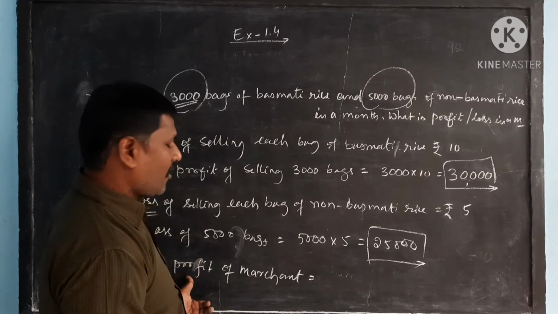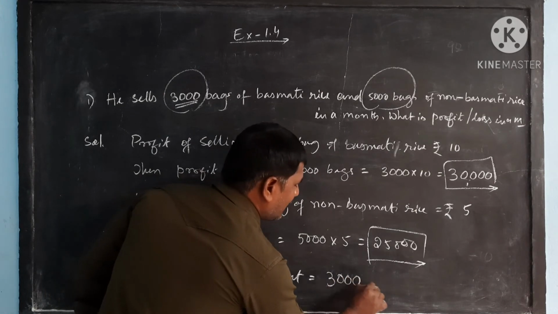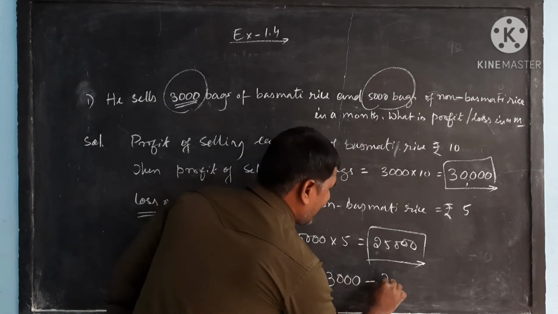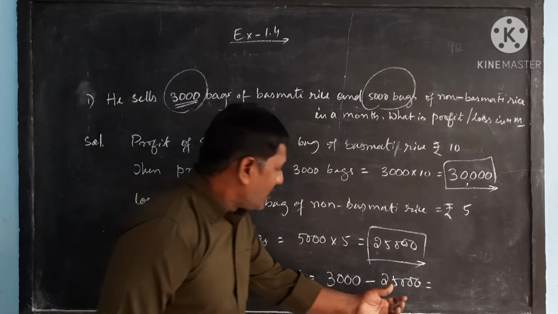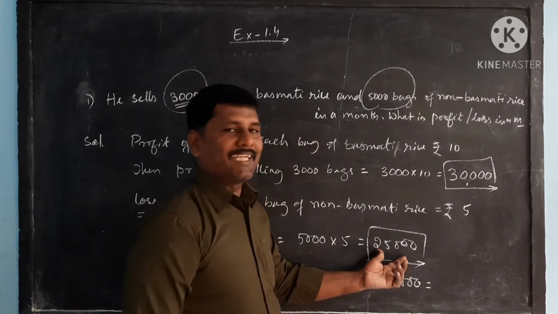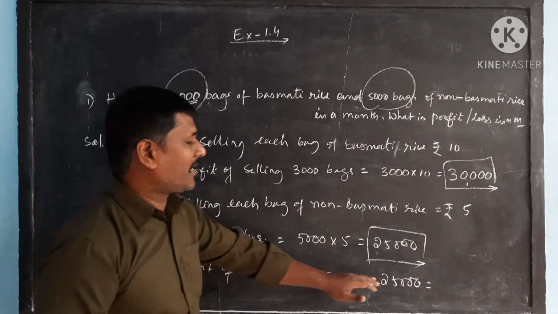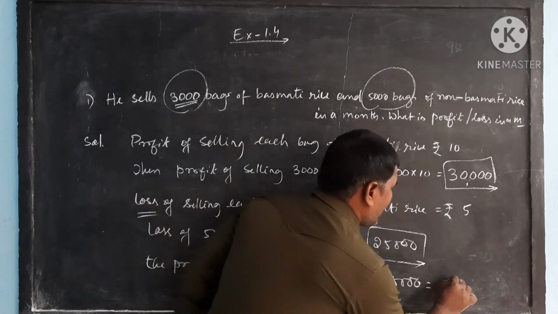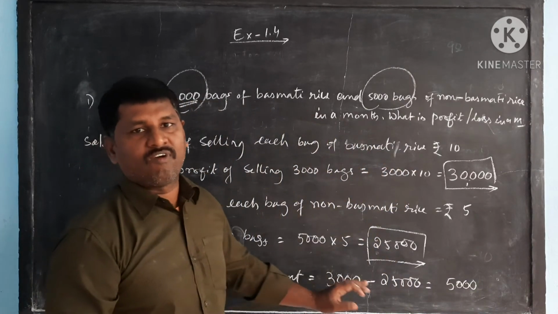That's why I wrote profit instead of loss. The profit is equal to 30,000, as he loses minus 25,000, because 25,000 is symbolized as a negative number. This is because he loses, so you have to write 30,000 minus 25,000. You get 5,000. So the overall profit of the merchant is 5,000.